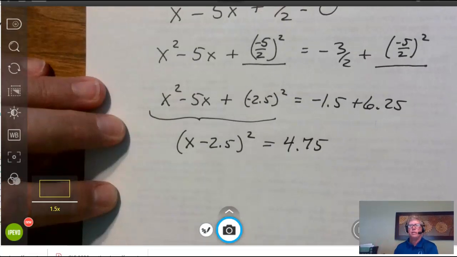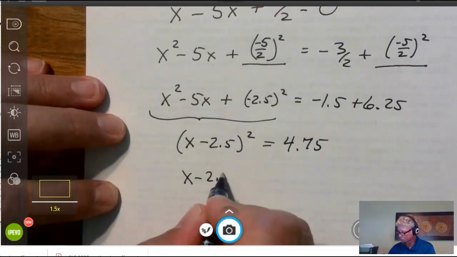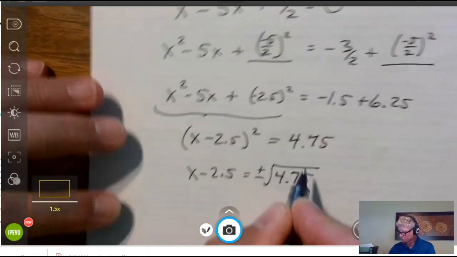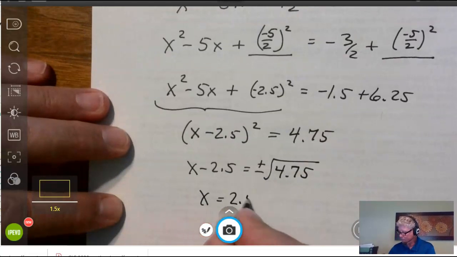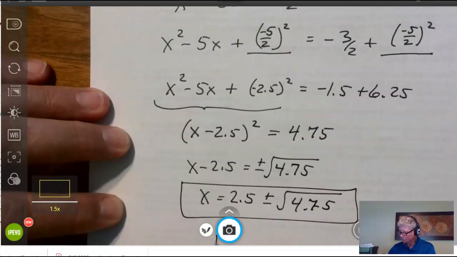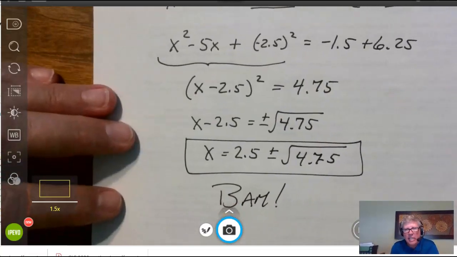Hey, now we got it in the mode where we can solve this pretty easily. I'm going to take the square root of both sides. I'm going to add that. Bam! I always like to celebrate just a little bit.